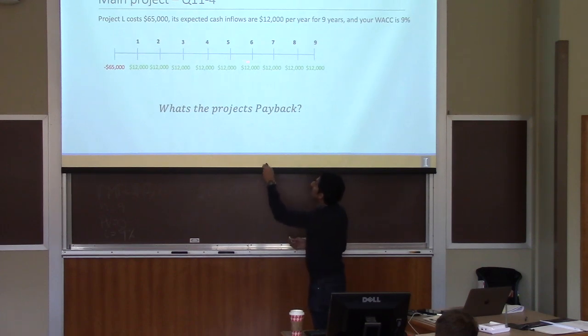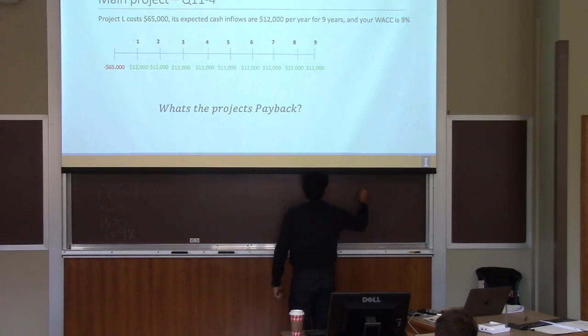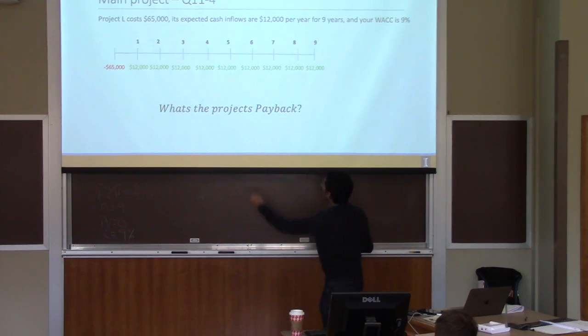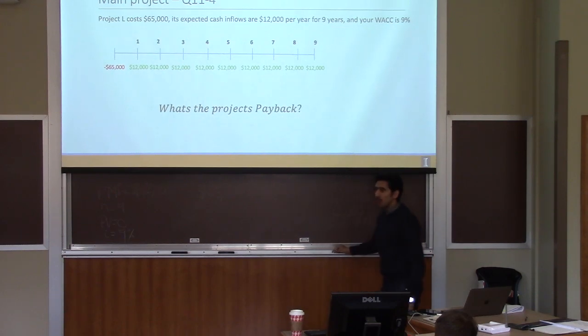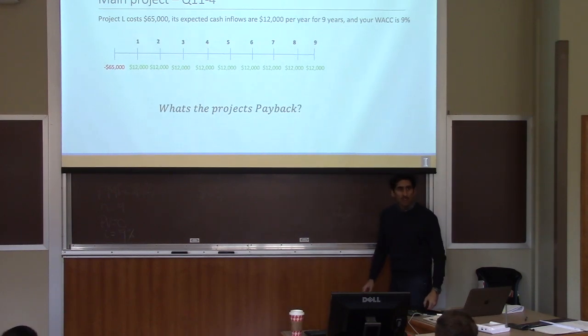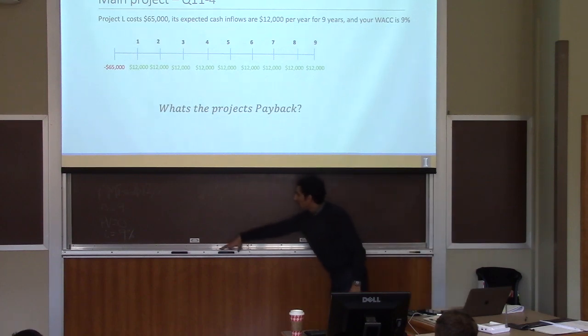In order to know how soon I'll get it, I'll just divide 5,000, the remaining amount, over the cash flow that I'm getting in that period. Okay? Just to give you the intuition behind it, imagine what I paid wasn't $65,000.